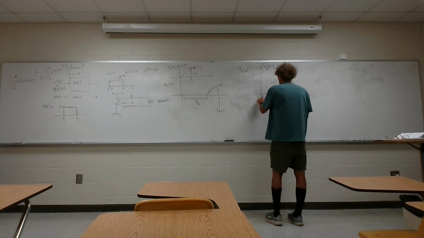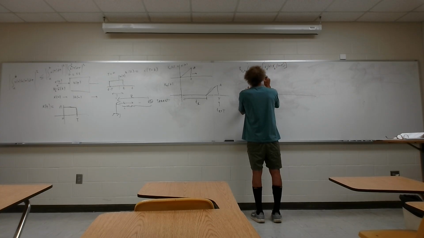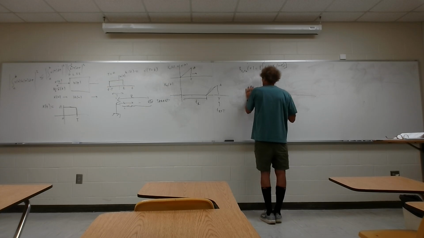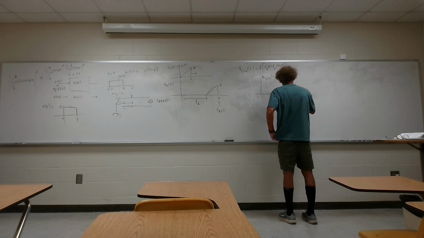If you look out here and you talk about this function, which is the same thing as putting it through a matched filter with a time delay, you get R of x transmitted and x received of tau. It'll look like this. Right at the point where it would be T receive, then it's going to start going up very quickly, peak here, and then it's going to have a shark fin look.